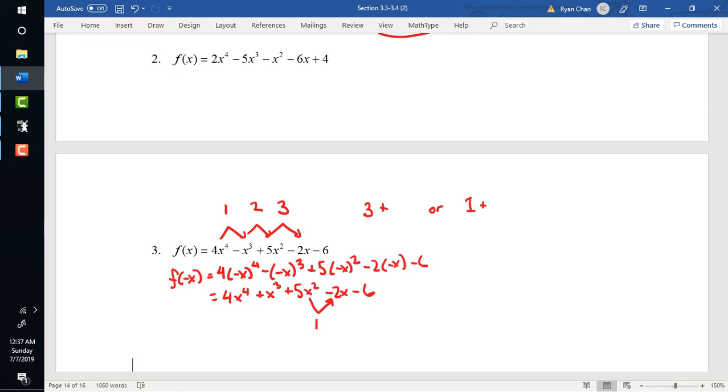So that means I have exactly one negative zero. Looking at this, the only possibility that would match my positives is 3. We have 4 zeros, so I have 3 positive zeros and 1 negative zero.